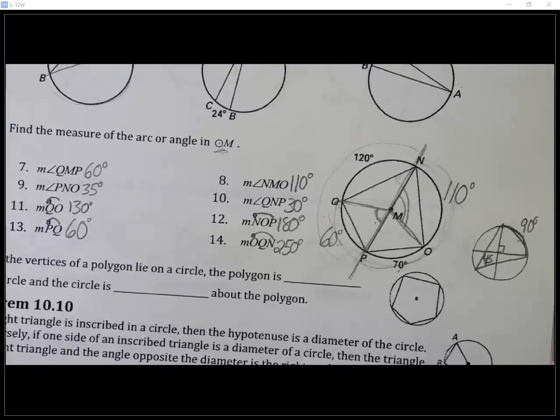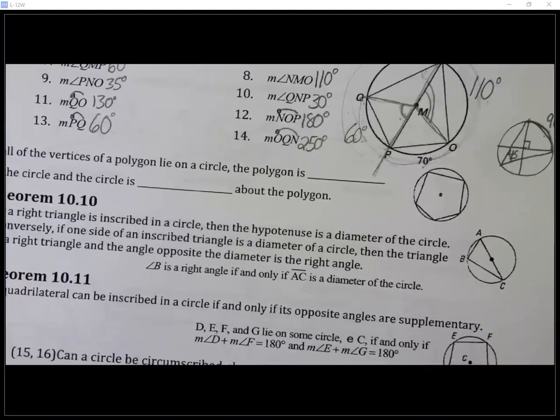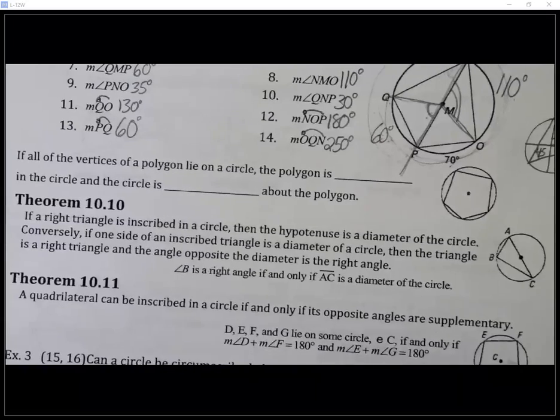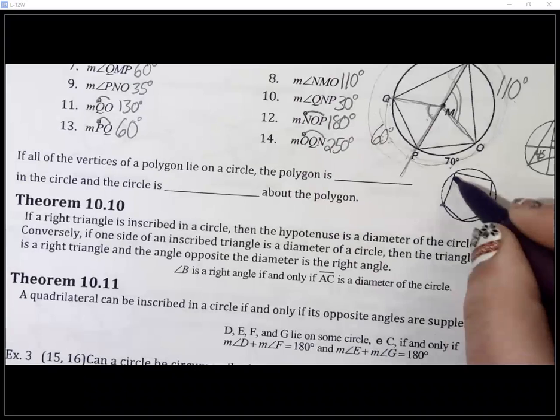If all of the vertices of a polygon lie on a circle, the polygon is blank in the circle. So this is a term that we use when you draw a shape inside of a circle and all of the vertices are on the circle's edge.